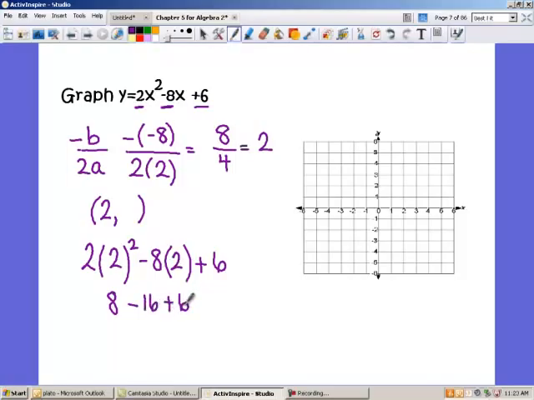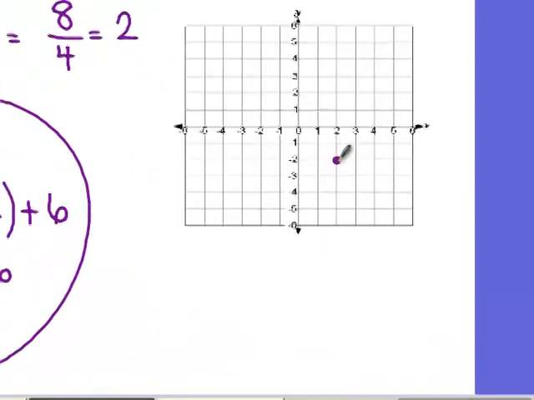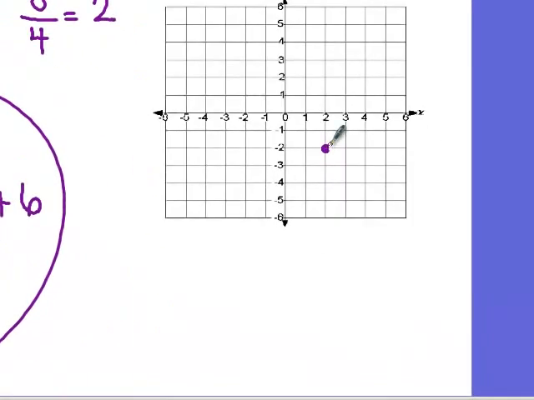And we have to use the left to right rule that you guys learned in Algebra 1 to figure this out. So 8 minus 16 is negative 8. And then plus the 6 will give us negative 2. Okay, so this value right here is the y, and that goes right in there. So over here in our graph, we go to 2, negative 2. And we just found the vertex and the axis of symmetry.